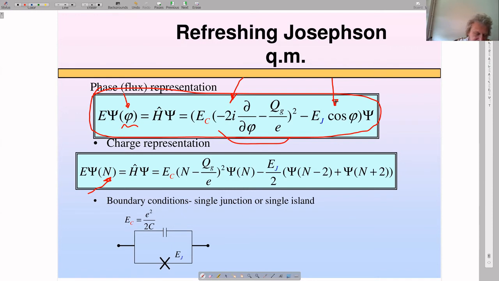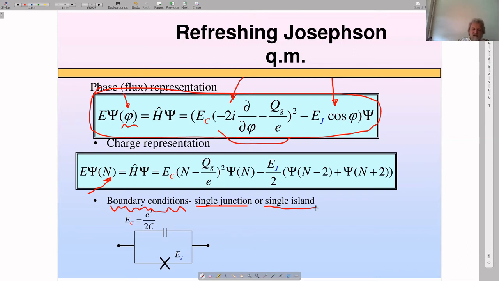Right, we also understood by that time that it depends on boundary conditions whether this equation describes a single junction, and then the wave function doesn't have to be periodic in phase, or a single island, when it has to be periodic in phase, and then n is just a discrete number.